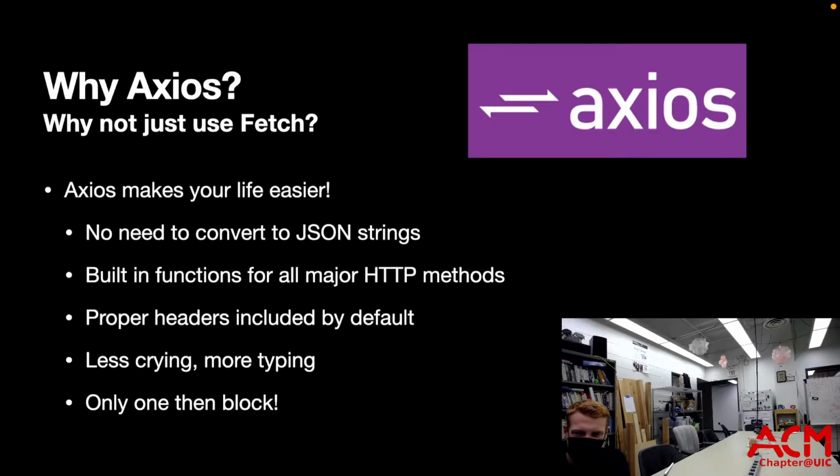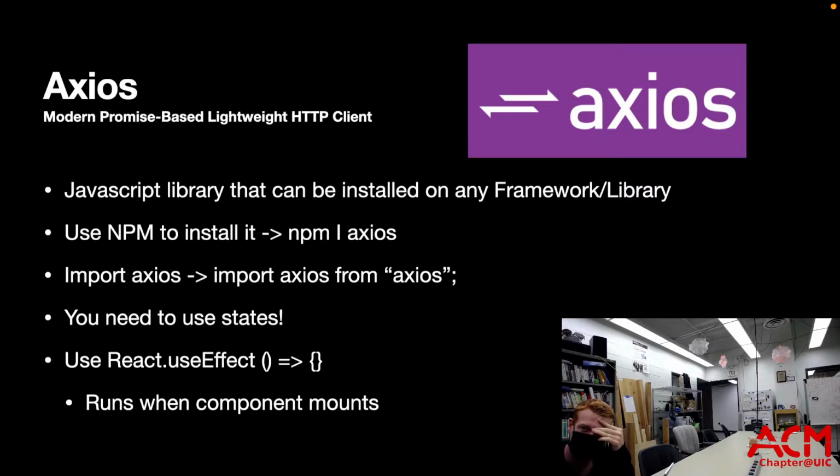And obviously we had to specify manually our HTTP functions. So yeah, it's really nice. It helps you out a lot when you're trying to program. As it says, less crying, more typing. So anytime that you can cry less and type more, that's a good thing. So we'll be learning a little bit about Axios.